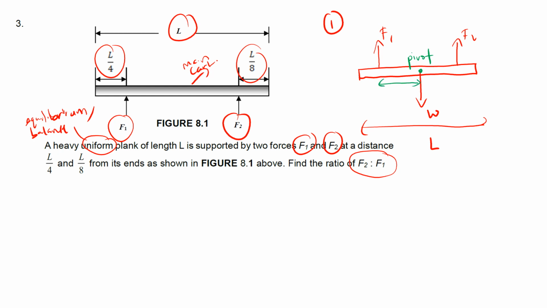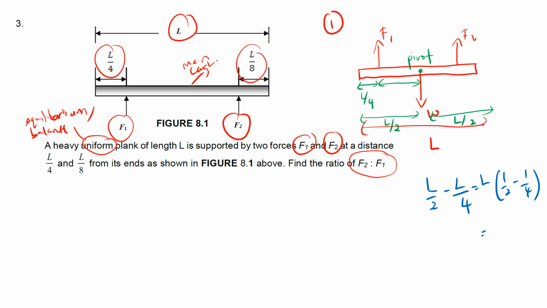Since they give you L over 4, the length to the center is L over 2. So the distance is L over 2 minus L over 4. We factorize L: 1 over 2 minus 1 over 4 gives 1 over 4. So the answer is L over 4.